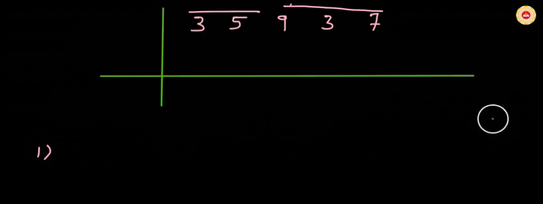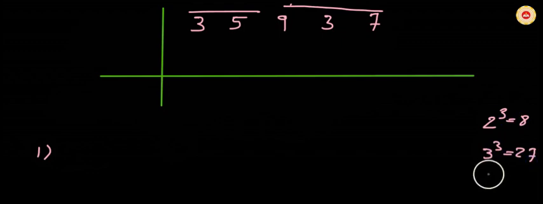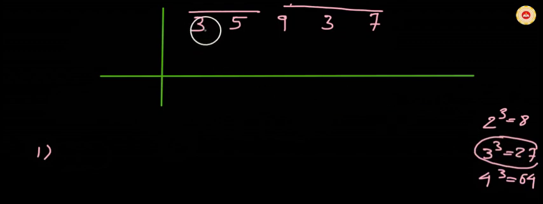See, 2 cubed is 8, 3 cubed is 27, 4 cubed is 64. 3 cubed, 27, is such a number which is nearest to 35 but less than 35. Let us not consider 2 cubed, which is 8, though 8 is less than 35 but it is not nearest to 35. Right? So let us consider 3 cubed is equal to 27.